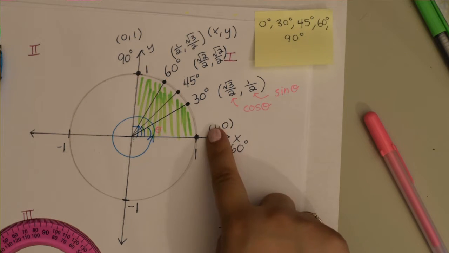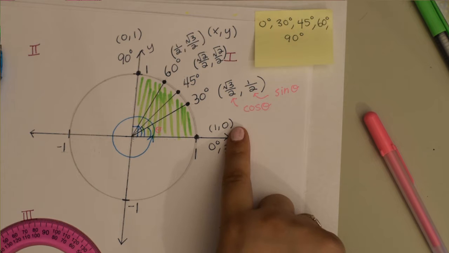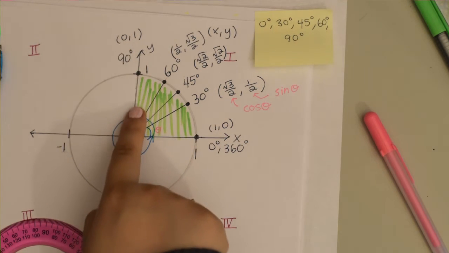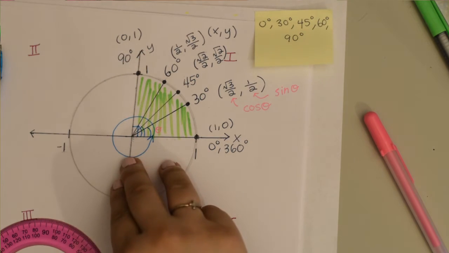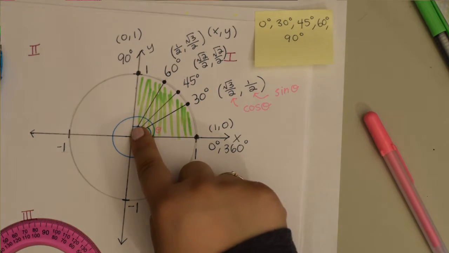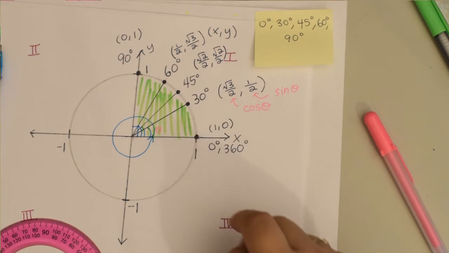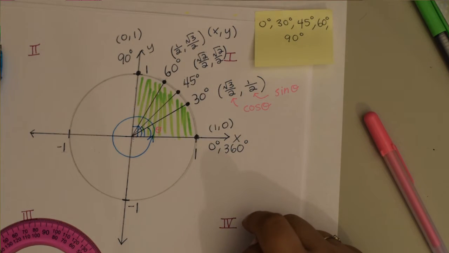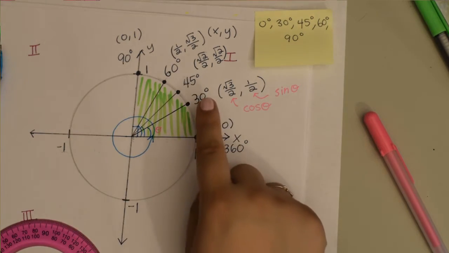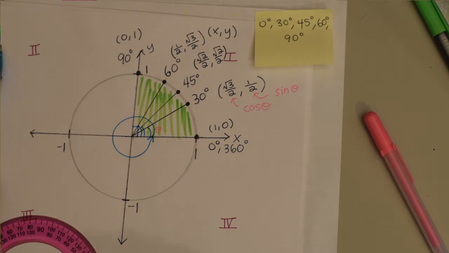Just because the first term is always the cosine of the angle, and the second is sine. So cosine of 90 is 0, sine of 90 is 1. Cosine of 60 is 1/2. Sine of 60 degrees is square root of 3 over 2. Isn't that so cool? So this is just quadrant 1.